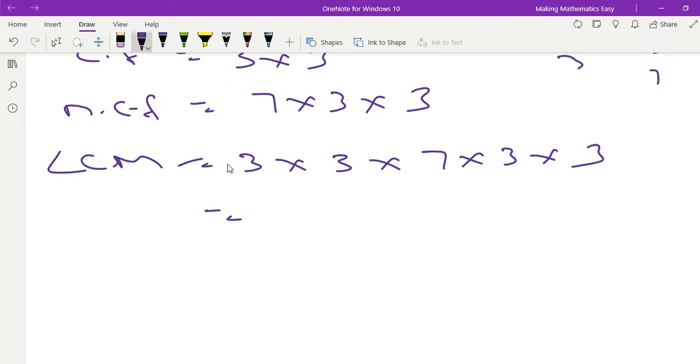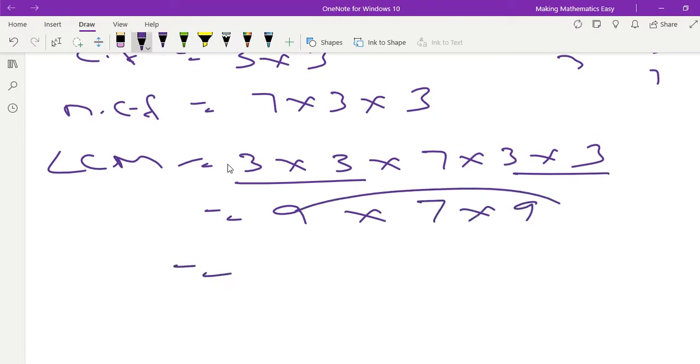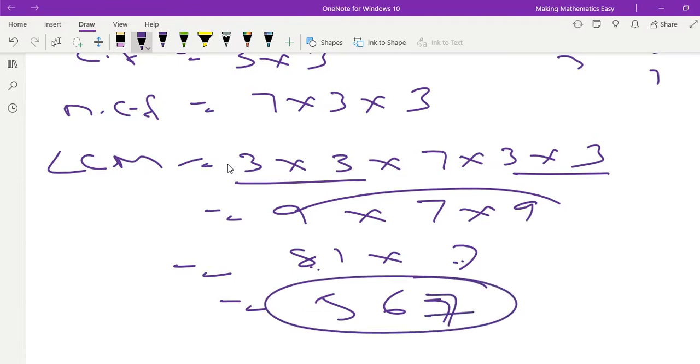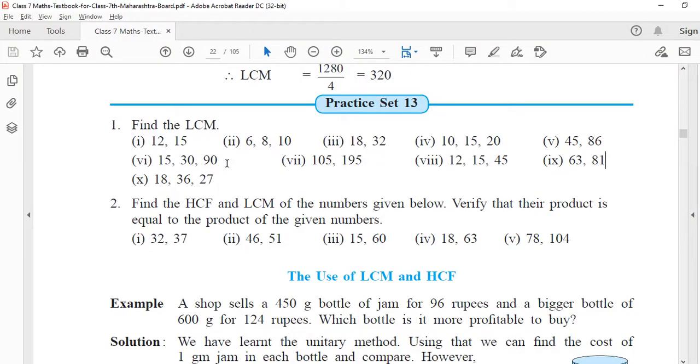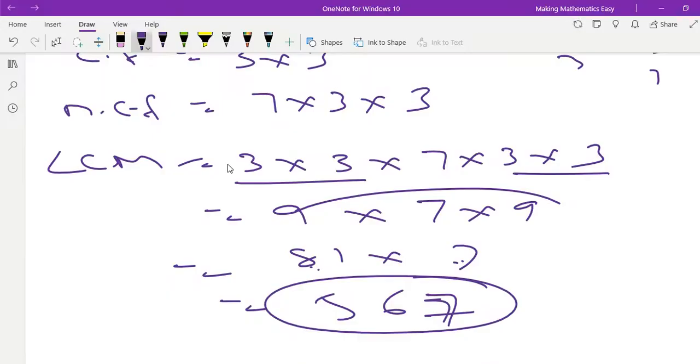Now we just need to do the multiplication. This is 3 3s are 9, 3 3s are 9, 9 9s are 81 into 7, 7 1s are 7, 7 8s are 56. So 567 is the LCM of this sum, which is 63 and 81.